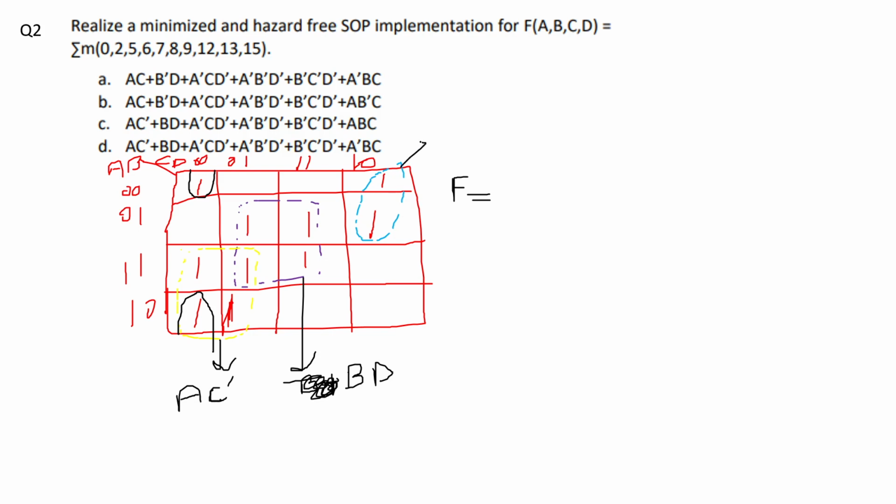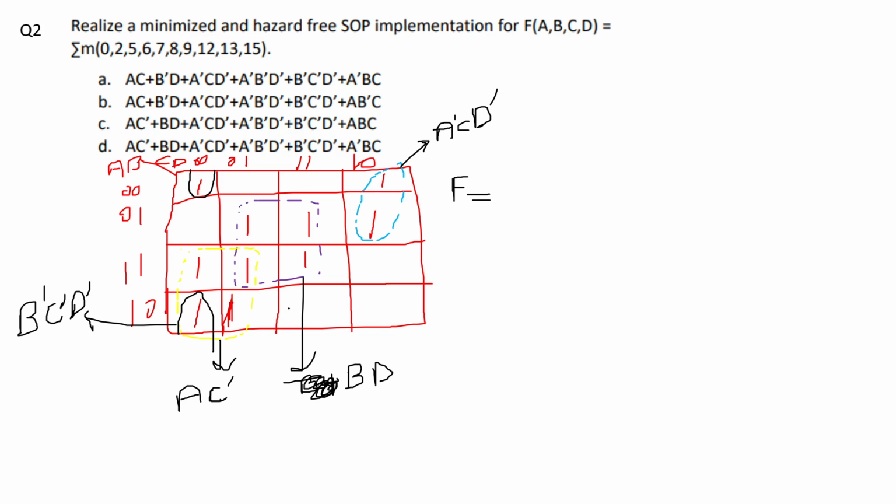Then this thing will be, A is constant, so this is A complement, but B is changing, so then it is C and D complement, A complement C D complement. And then here, A is changing, B is constant, so it is B complement, C complement, D complement.